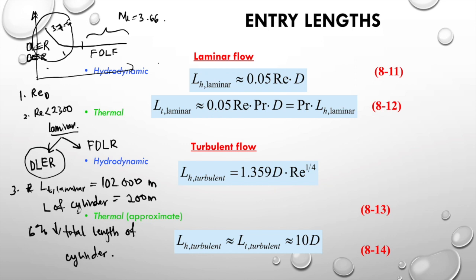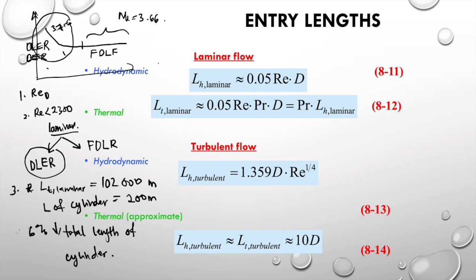Then you can take the value of Nusselt number of 3.66. You will not have any equation or values to be substituted, because the Nusselt number at fully developed laminar flow is constant at 3.66.